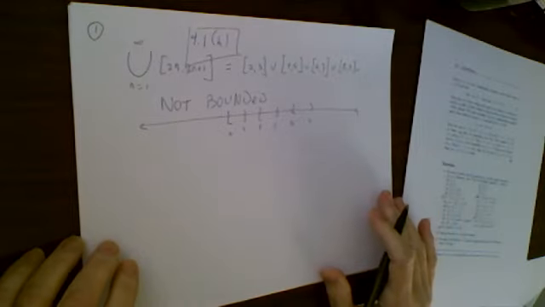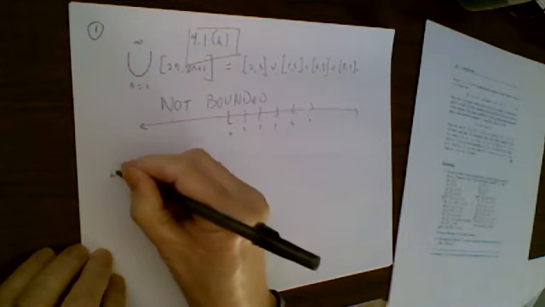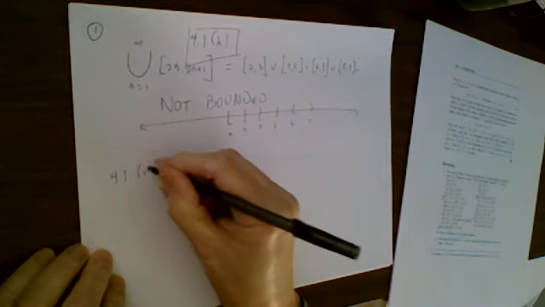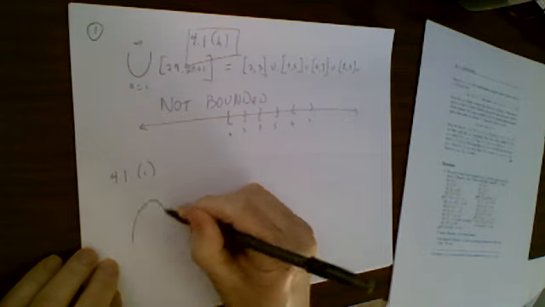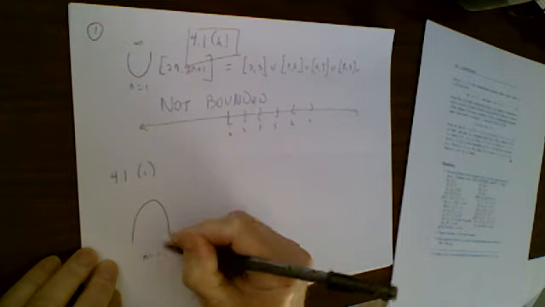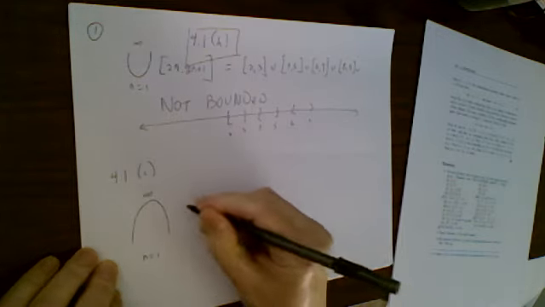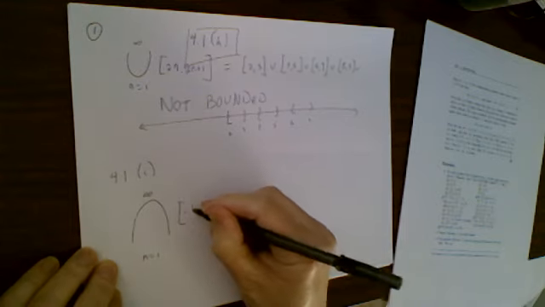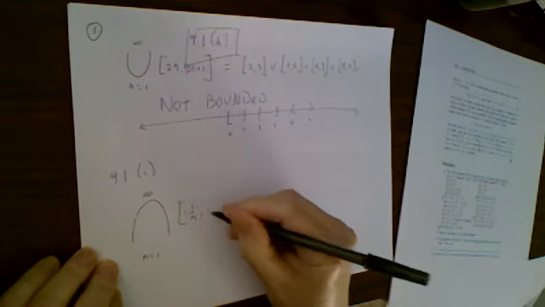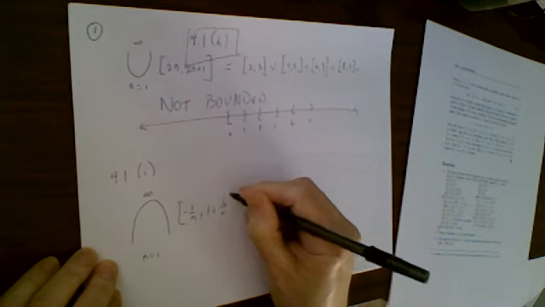Hopefully that one wasn't too difficult. Next set might be a little more interesting. This is 4.1I. This is an intersection from n equals 1 to infinity of the intervals from -1/n out to 1 + 1/n. And again, if we're going to figure out if these sets have upper bounds, we need to know what they look like.